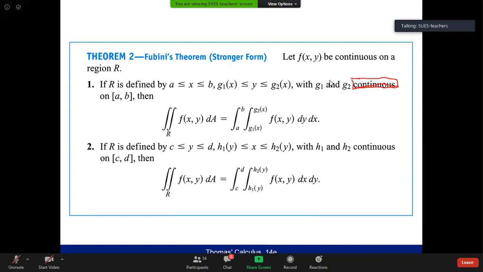So this is pretty important. Then f is defined by y, so h1(y) is less than or equal to x and less than or equal to h2(y), with h1 and h2 continuous on C and D.